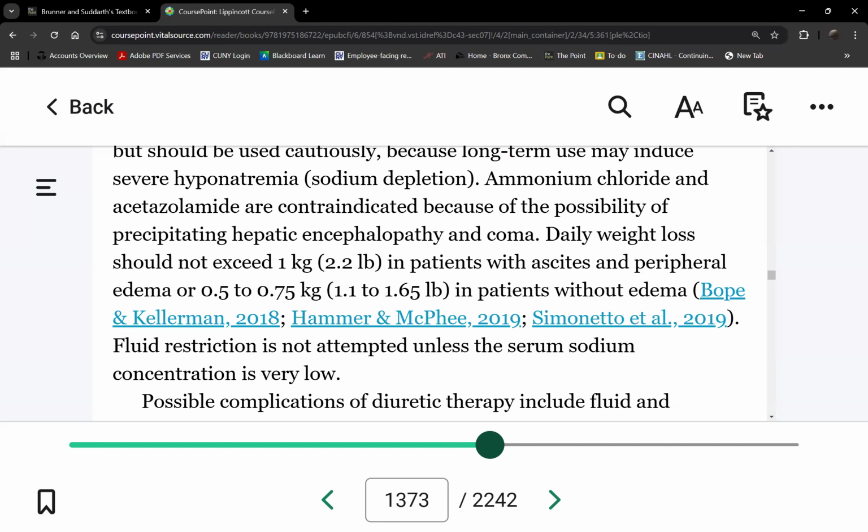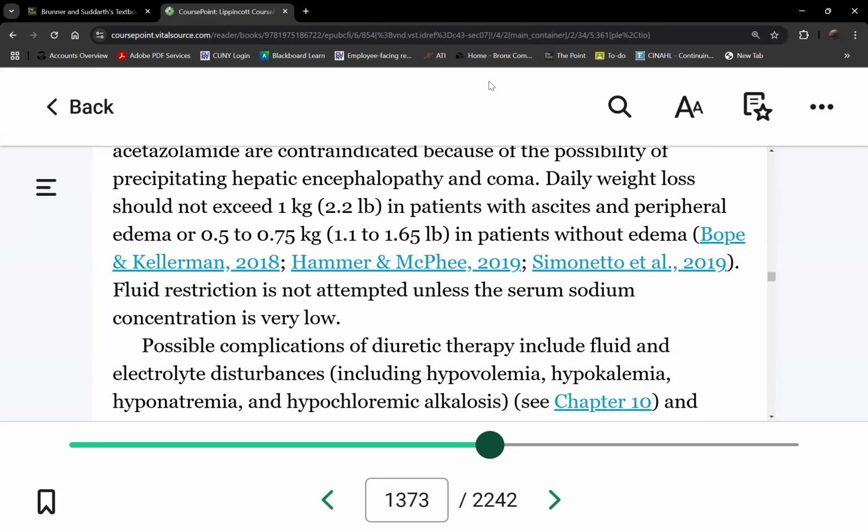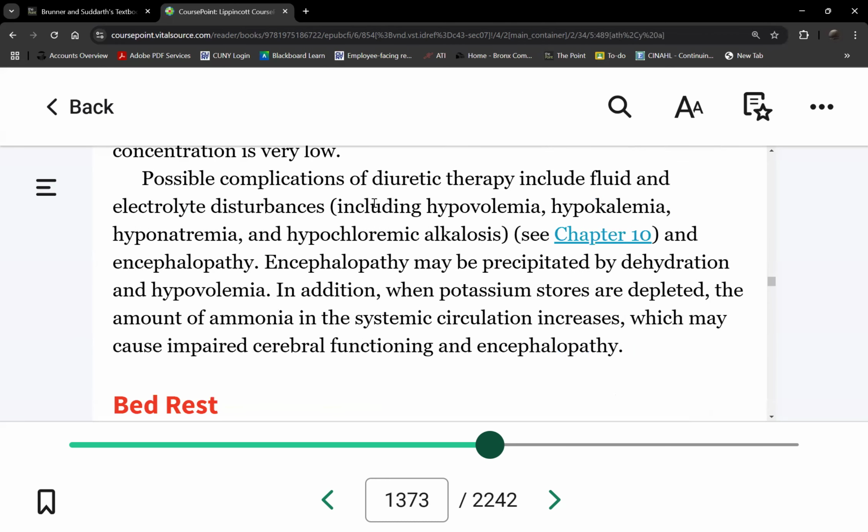Now it's different when we drain it. That's a different story, because the problem with diuretics is, are we just losing fluids? No, we're losing electrolytes as well. That's why we're limiting the fluid loss through diuretics. So again, these are the possible complications.